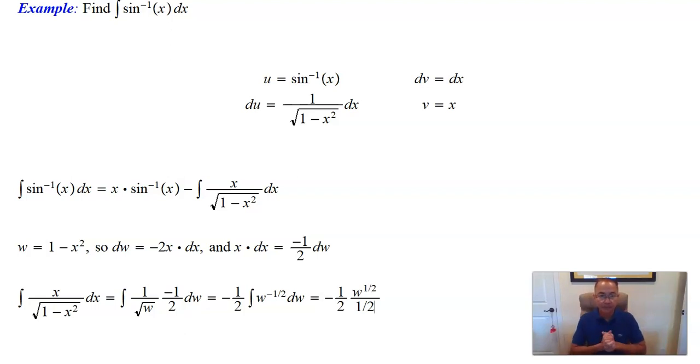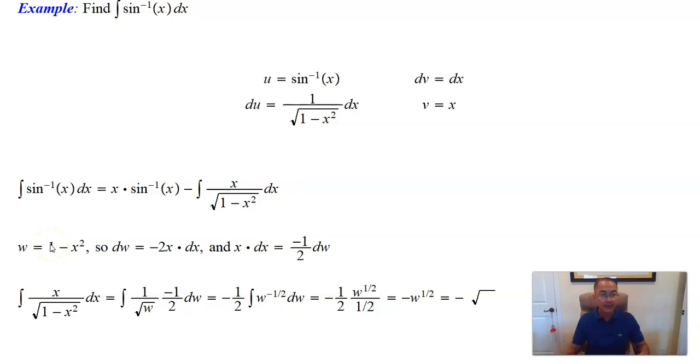So what have we got? Well, 2 times 1/2 simplifies to 1, and we have the minus sign outside, so it's negative w to the 1/2, which simplifies to negative square root of w.